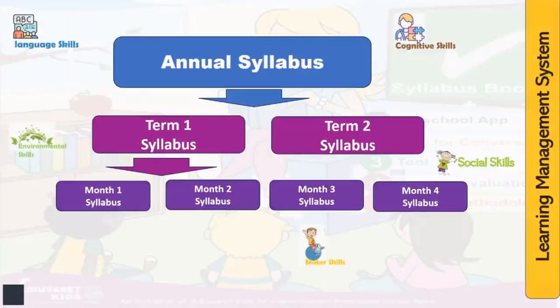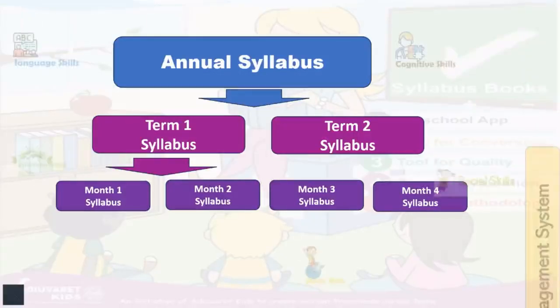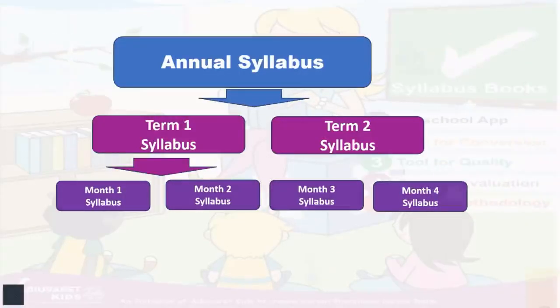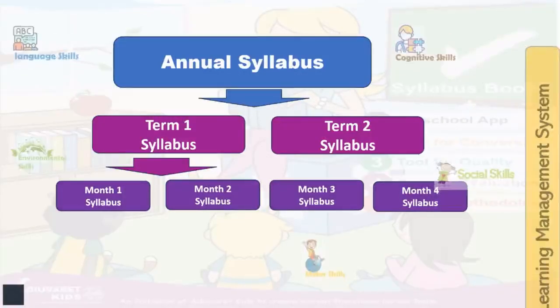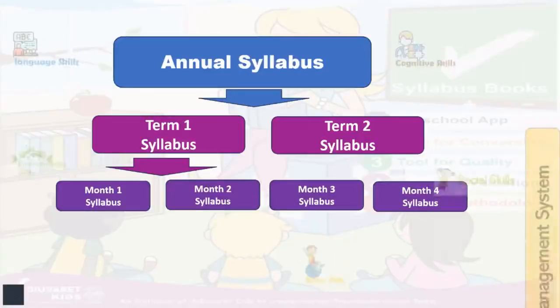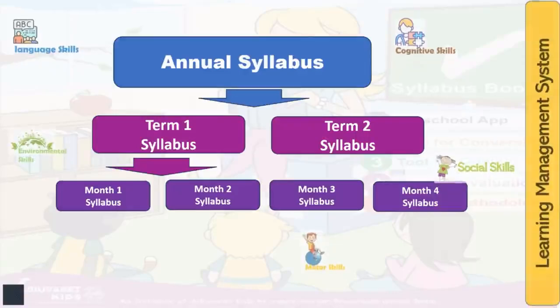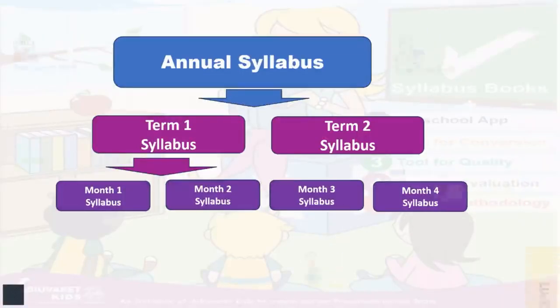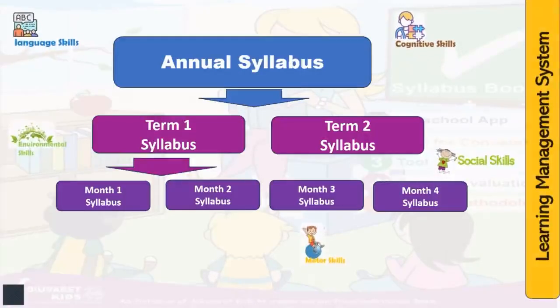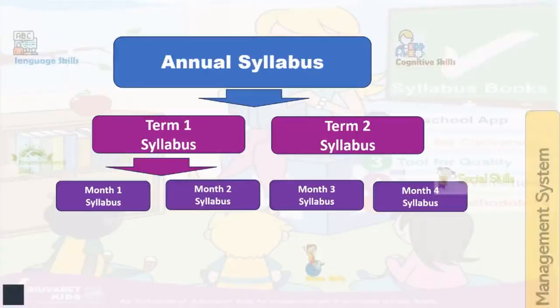So for the first month we have a proportion of the syllabus which will be apportioned to month 1. Similarly, a part of the term 1 syllabus will be apportioned to month 2. Similarly, the third and fourth months will be allocated a portion of the syllabus which is part of the term 1 syllabus.